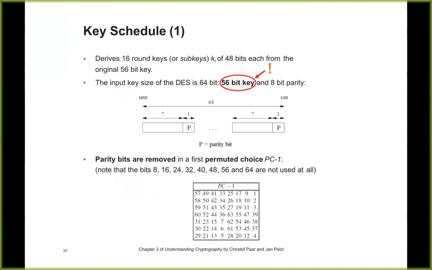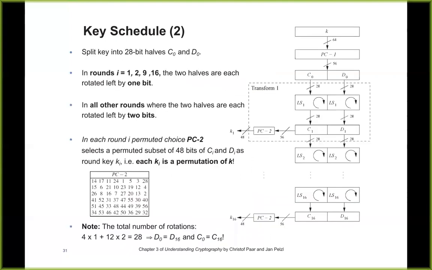So you put in, now remember, you had only 56 bits of key. So what you do is you remove the parity bits, and then you move the bits around like this, and you create 48-bit keys. You select a subset, 48 bits of the original bits, and choose them by these schedules.